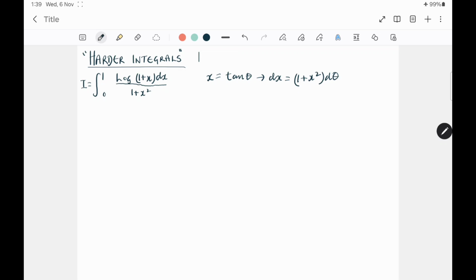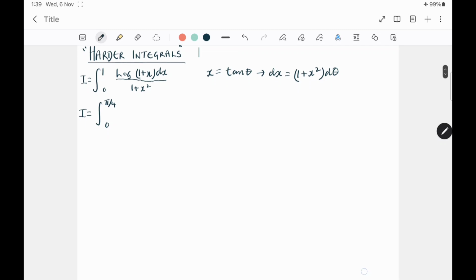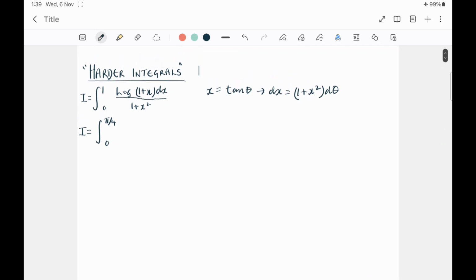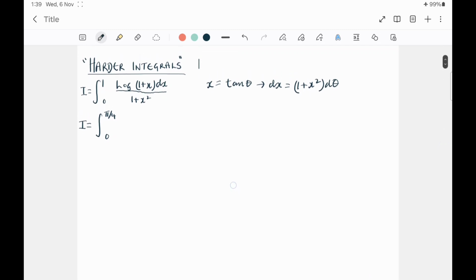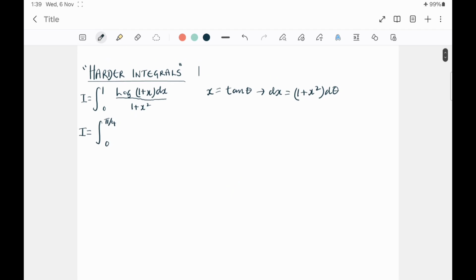So when you substitute back into the original integral, the limits will have to change: pi upon 4 and 0. You can see why, because when x is 1, tan theta has to be pi upon 4, and when x is 0, theta is likewise 0.